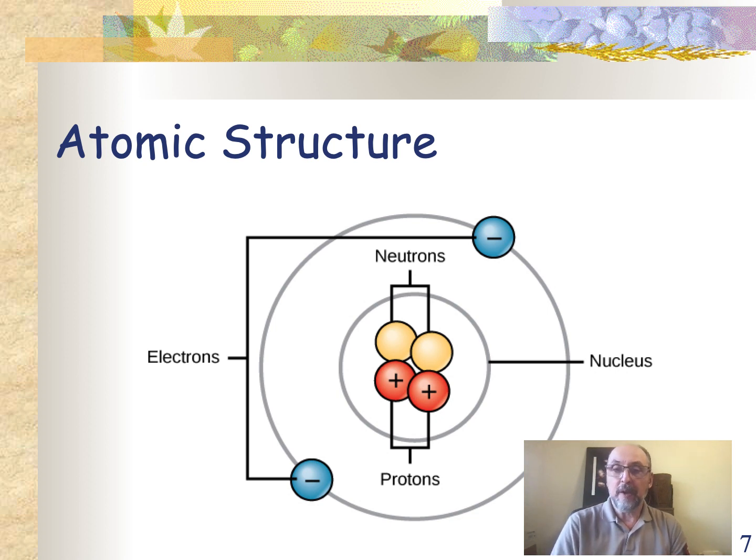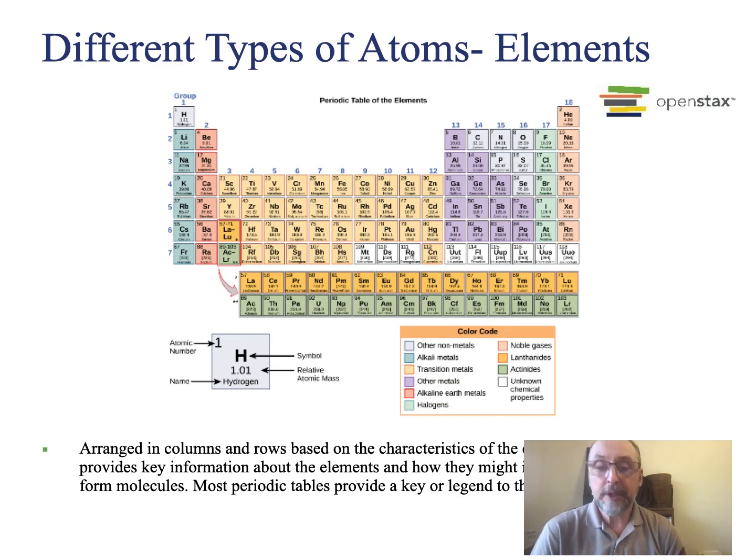So there are something like 92 naturally occurring elements, and then there are some elements that have been made in the lab. This shows the periodic table of elements, again from your textbook, and they're arranged in a very specific way to show their chemical properties, and they're shown in groups.